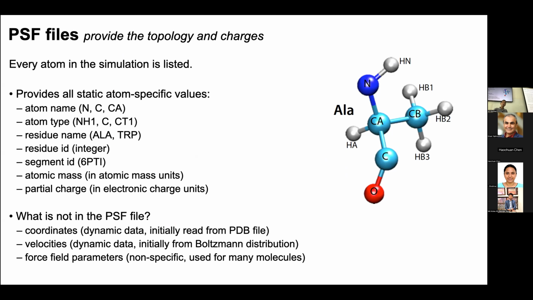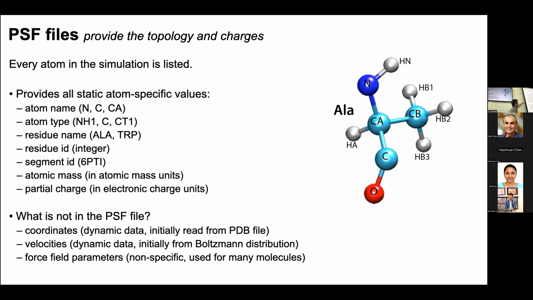That's important for the purposes of the simulation. That tells NAMD which parameters to use. So the parameters are based on atom type rather than atom name. That keeps the files a little bit more manageable, as we'll see in a moment.